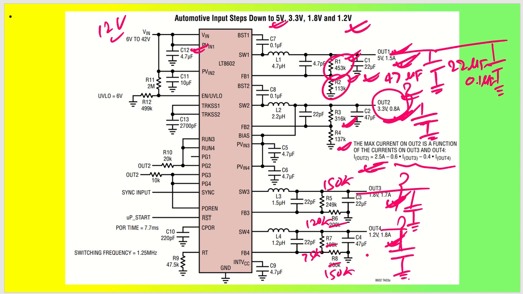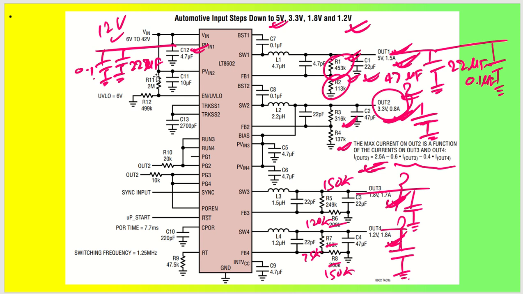At the input, for PVin 1 you have to make a change and keep a 122 microfarad capacitor, plus a 0.1 microfarad capacitor. Similar to that, do the same changes with PVin 2 as well.